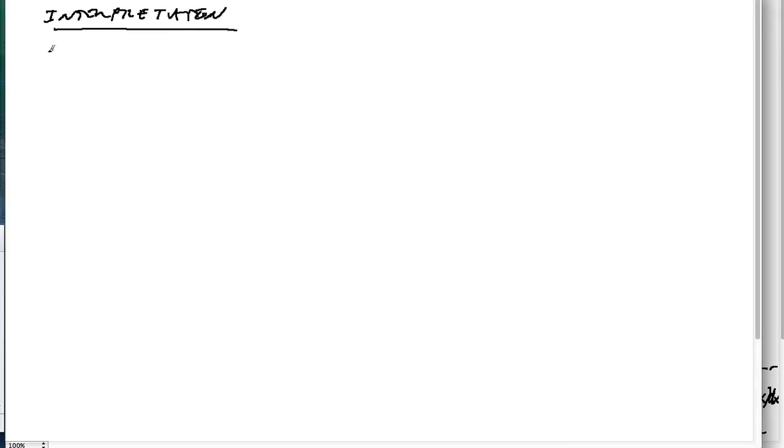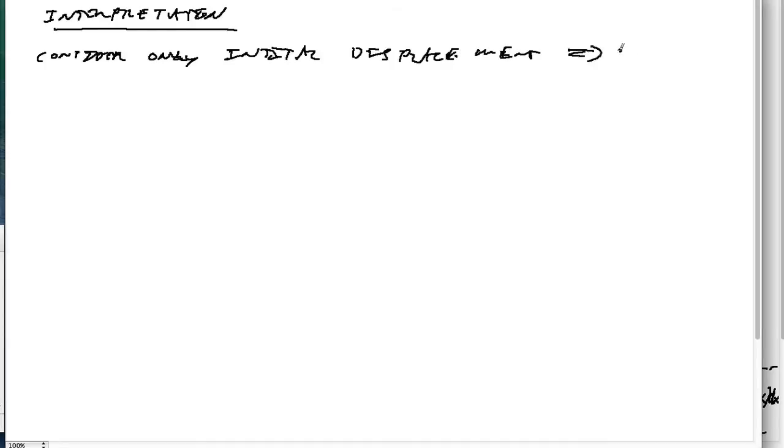So let's consider only an initial displacement. So we're saying that g of x is equal to 0, and we'll say f of x is just some function.